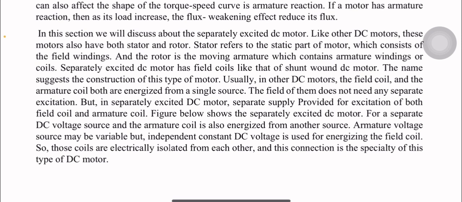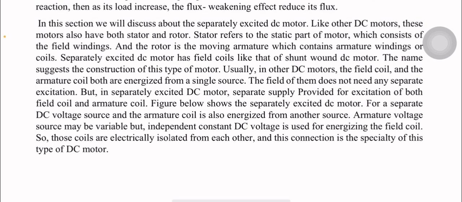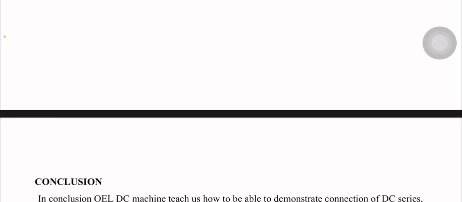The figure below shows the separately excited DC motor. The separate source may be variable, but an independent constant DC voltage is used for energizing the field coil. So those coils are electrically isolated from each other, and this connection is special to this type of DC motor.